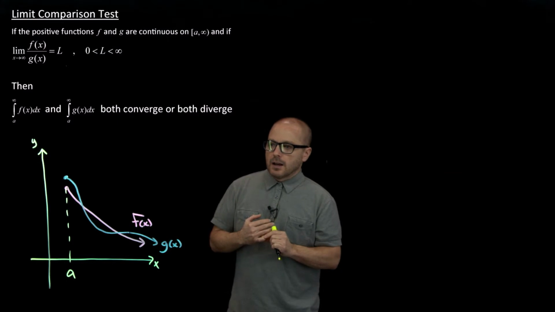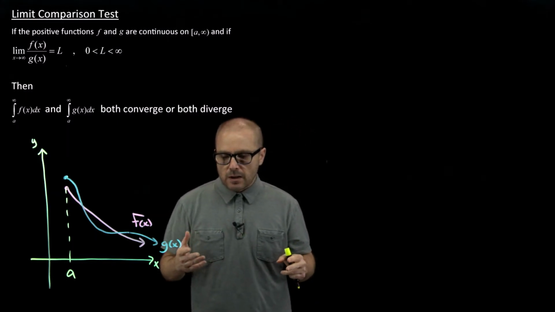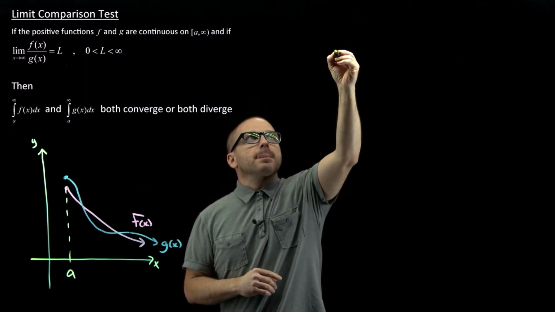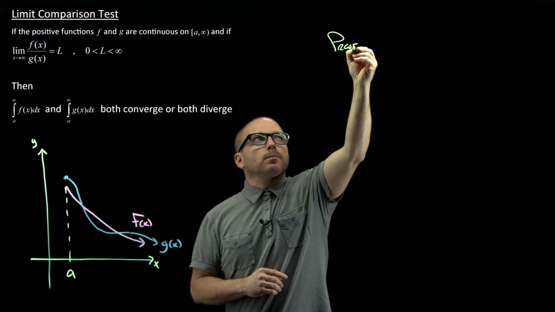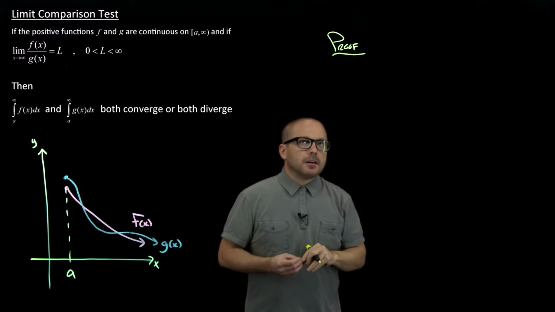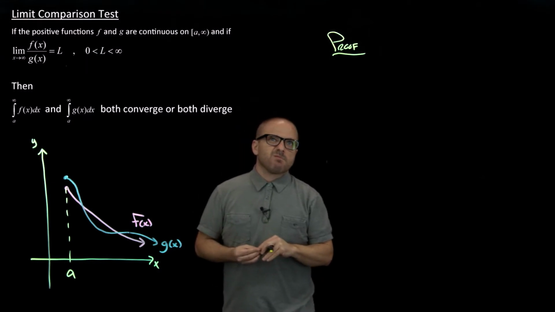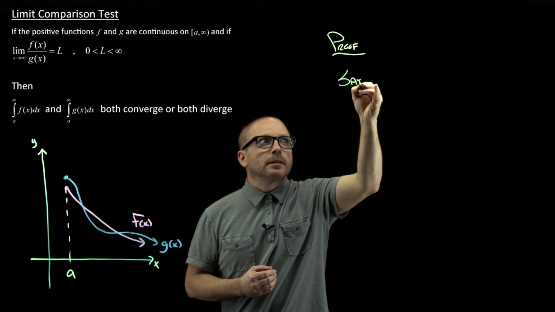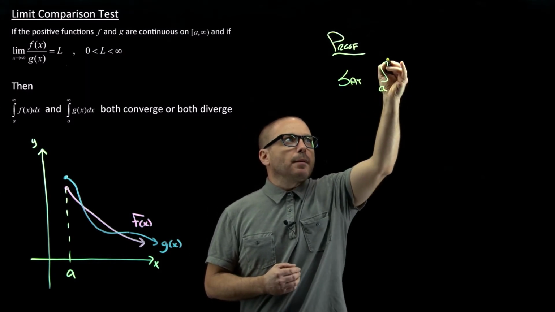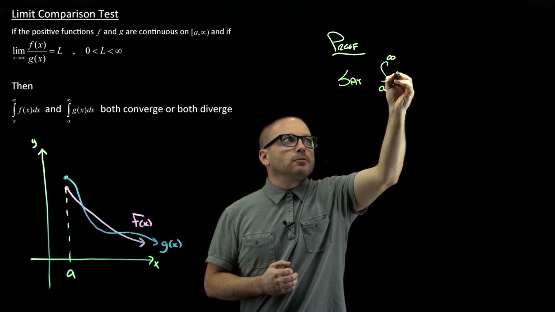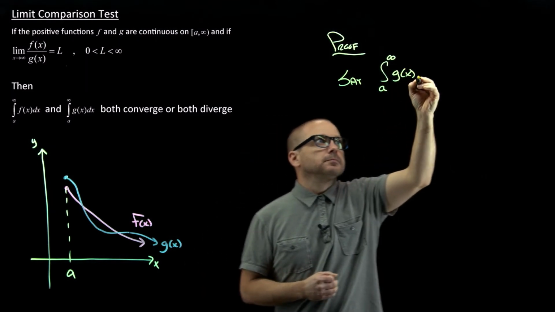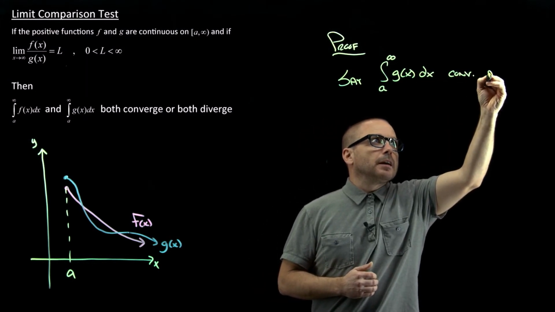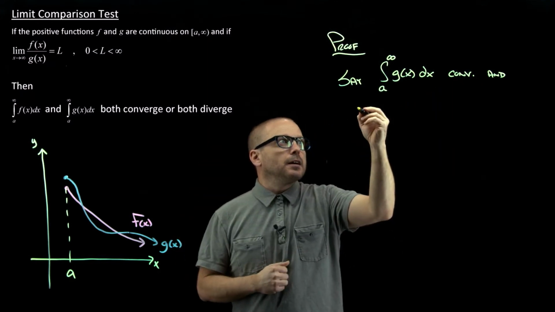Let's say, and just for the purposes of proving it, we just got to pick one of those guys. Let's say that the integral from a to infinity of g of x converges, and that limit comes out to be L, like we said.